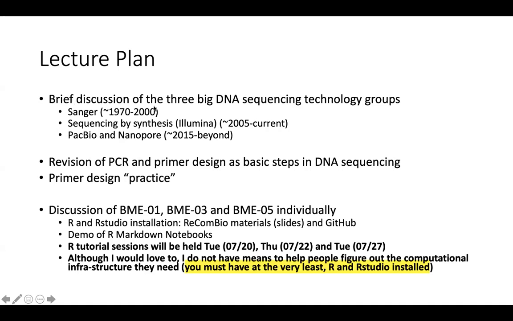It's going to be a brief discussion on the 3 big DNA sequencing technology groups: the Sanger from the 70s to the 2000s, sequencing by synthesis, Illumina, starting around 2005. These dates are approximate, not exact, so people could argue that this is wrong, but I'm just giving you an idea. And then PacBio and Nanopore starting in 2015 and beyond.